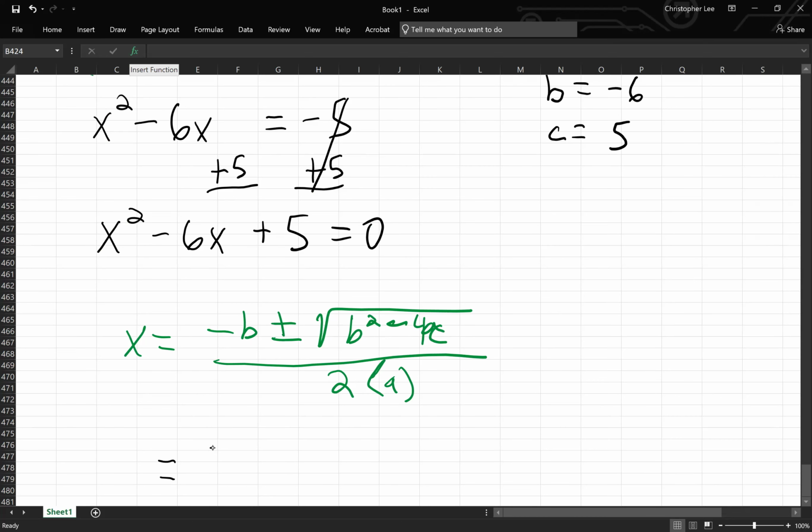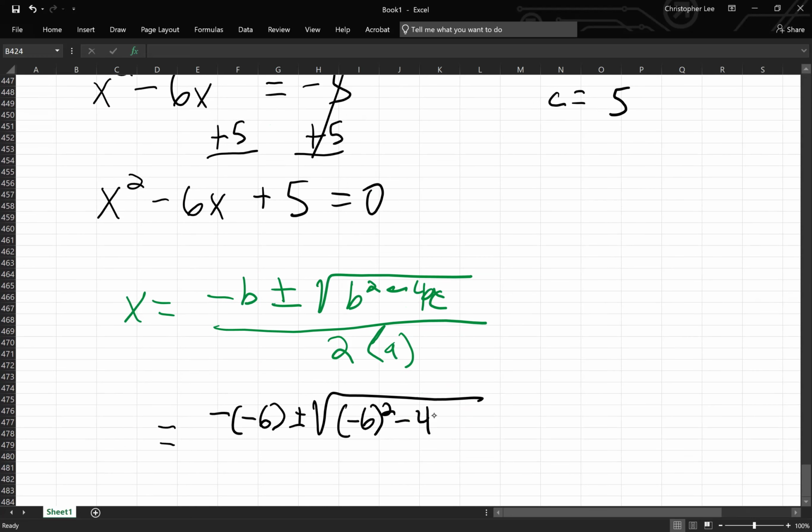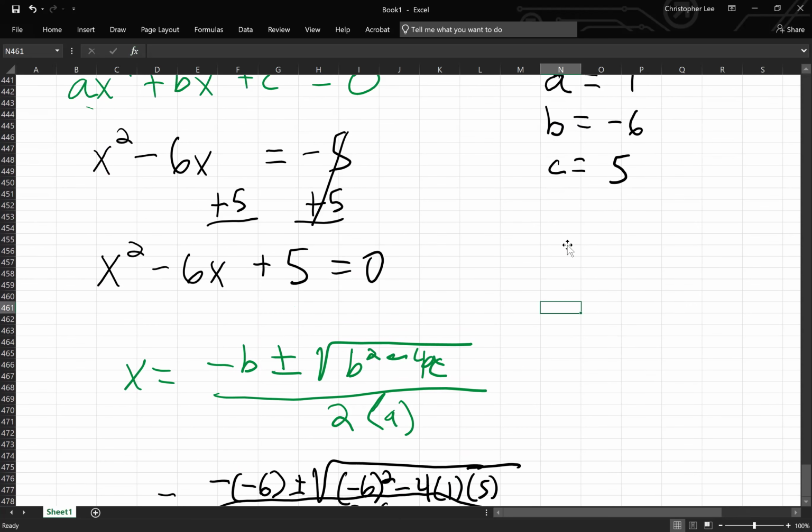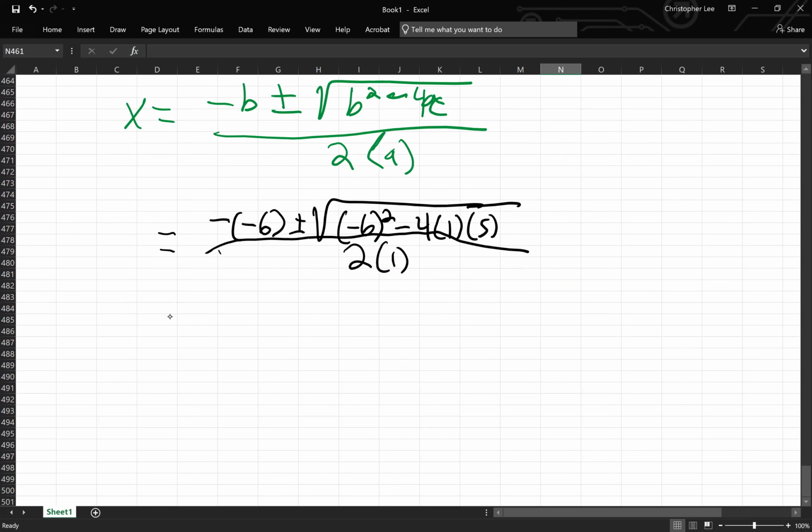So now just plug it in. This is going to be negative of -6 plus or minus square root of -6 squared minus 4 times A, which is 1, times C, which is 5, all over 2 times 1.